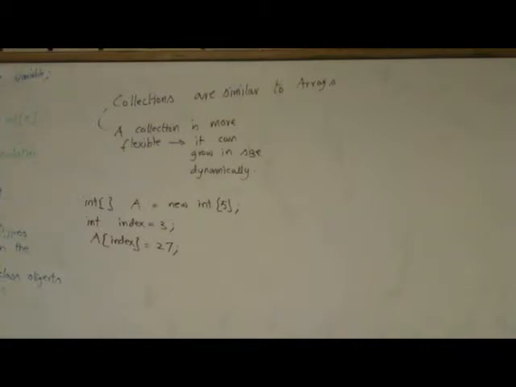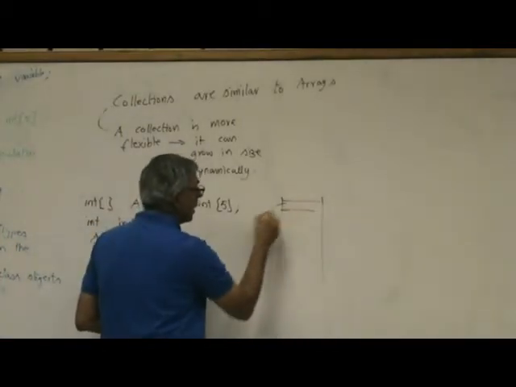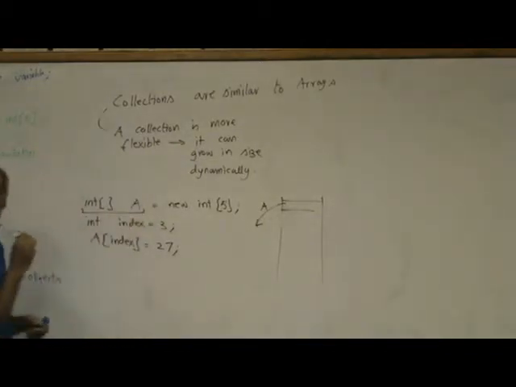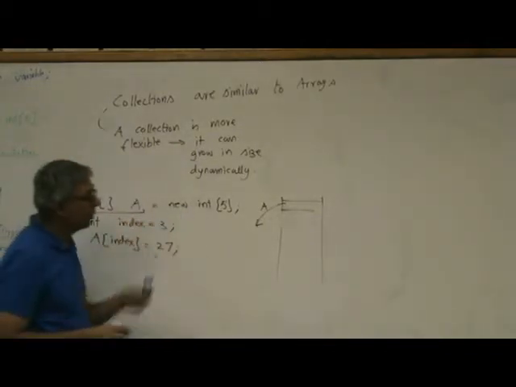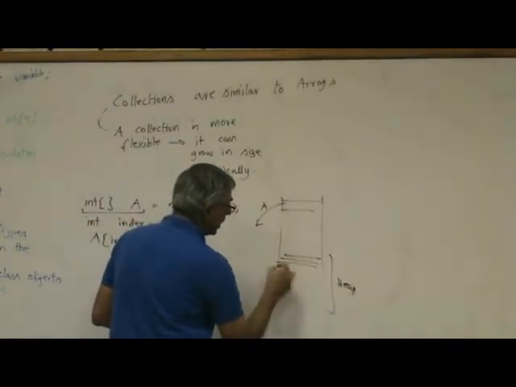So what will the computer do in this case? Once we allocate this memory, remember, there will be a reference created in the stack area, correct? How much memory are we allocating from the heap area? 5, so that's easy.